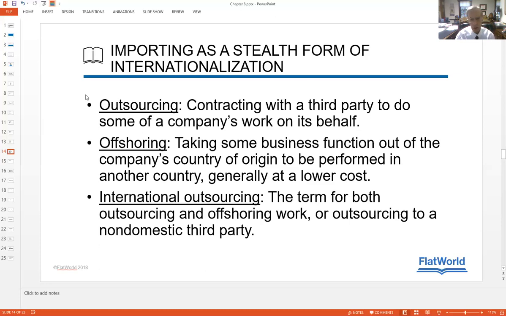Offshoring is not outsourcing. Offshoring is where we take a function that we want to perform. It may be manufacturing, probably is manufacturing, but it can be other record-keeping functions, for instance. But we'll move it to another country.